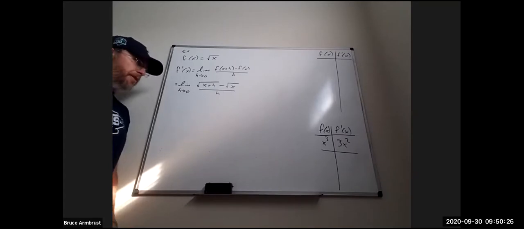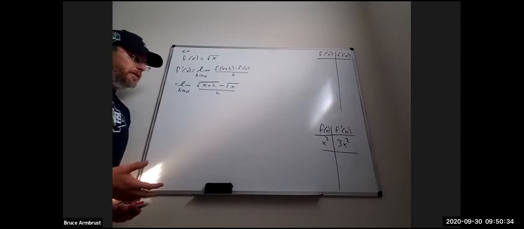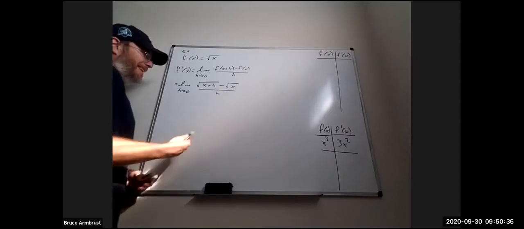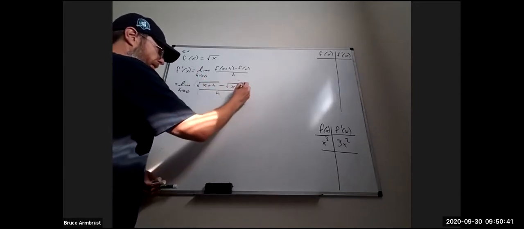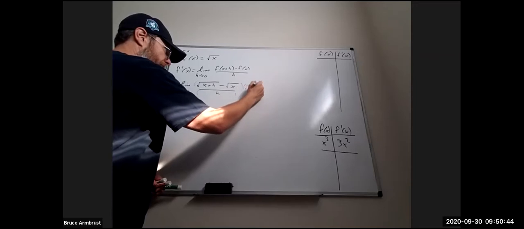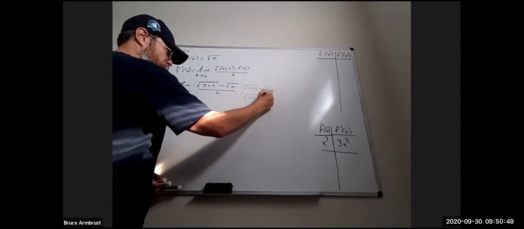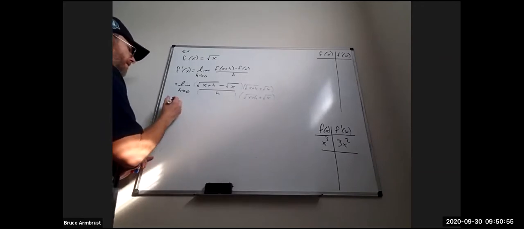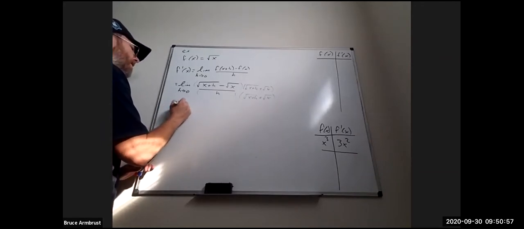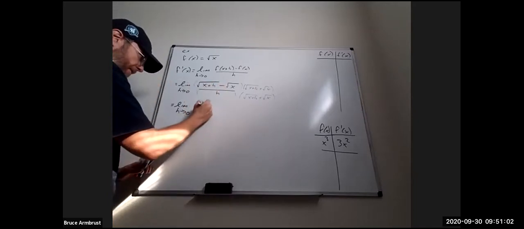And like I said before, don't bother plugging in 0 because you're just going to get 0 over 0. So let's dive right into algebra. For this one, the algebra is going to be multiplying by the conjugate. So we'll multiply top and bottom by the conjugate, which is the square root of x plus h plus the square root of x. On top, we're going to get a difference of squares. When I FOIL it out, the first one squared gives me x plus h.